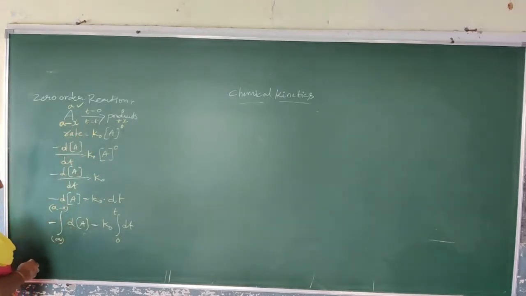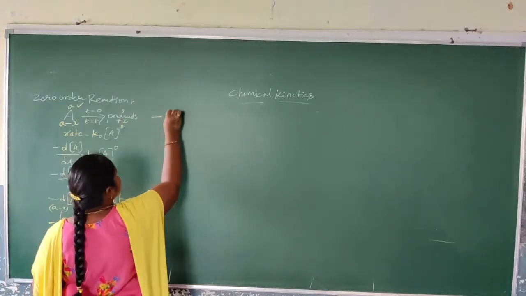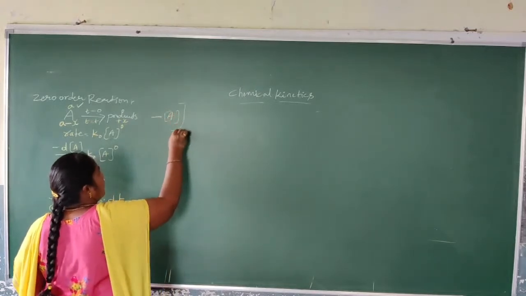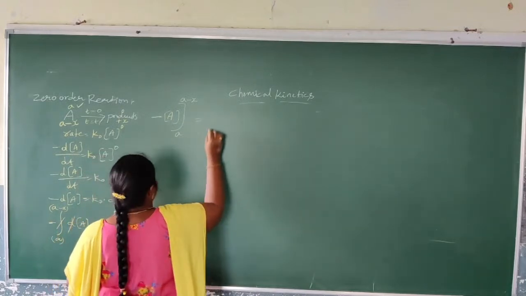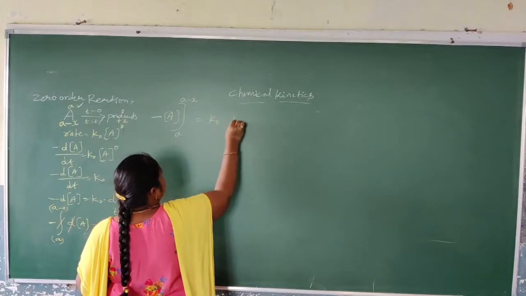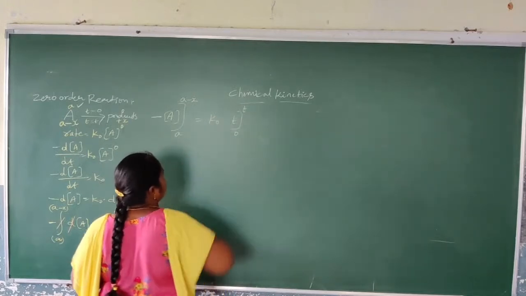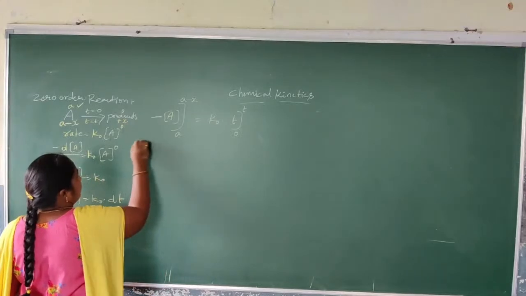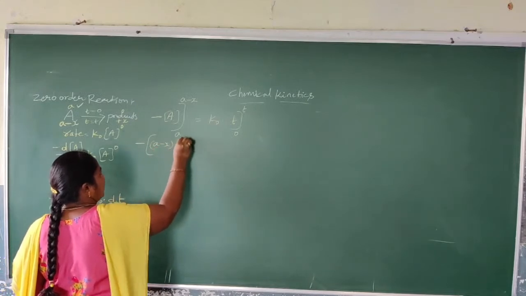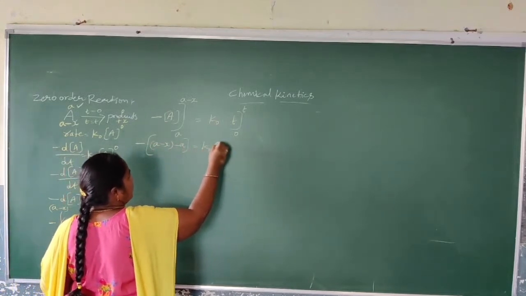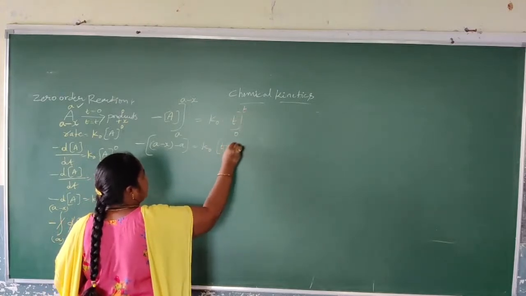Now, after applying the integration on both sides, differentiation and integration are cancelled because these two are opposite operations. So, we are getting minus of A concentration into A minus X, that is equal to K naught into T, with limits 0 to T. After applying the limits, upper limit minus lower limit, that is A minus X minus A equals K naught into upper limit T minus 0.